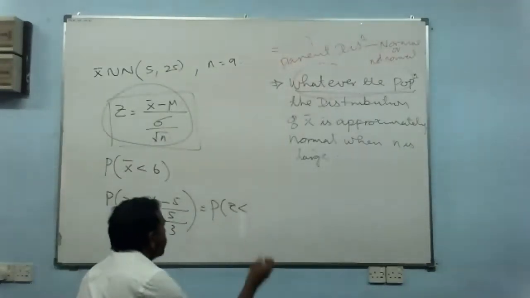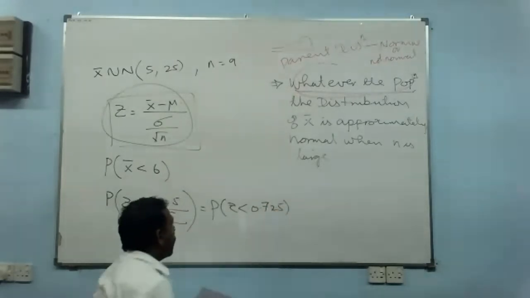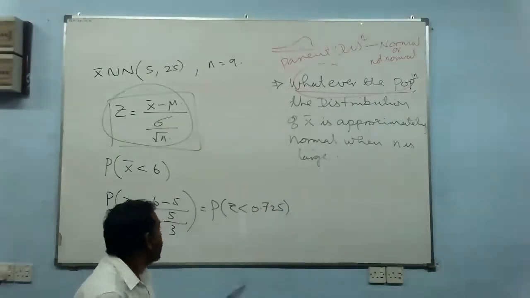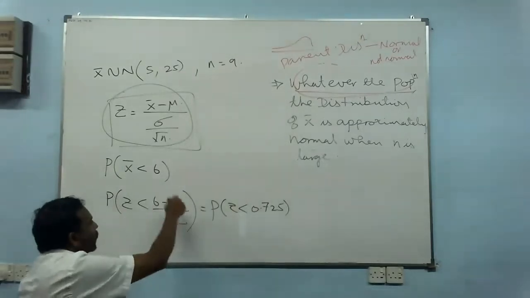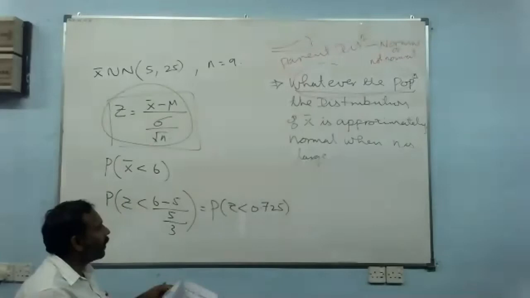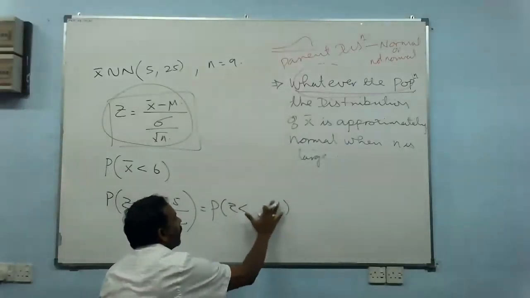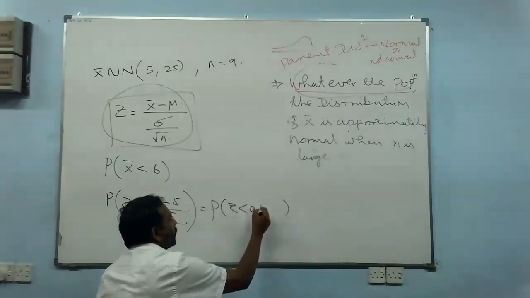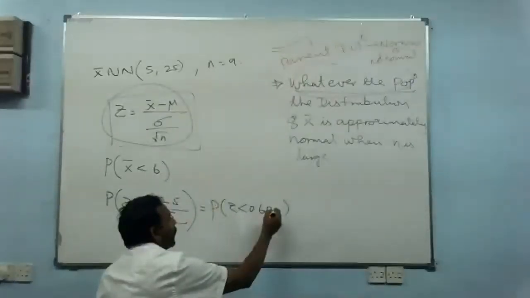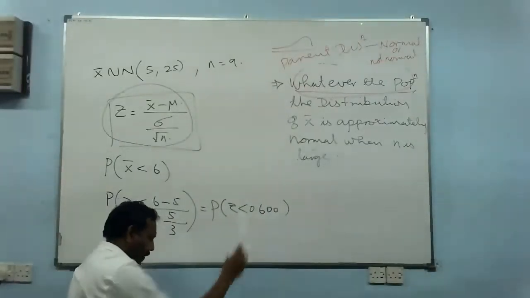0.7257. Right. You all agree with that value? Just solve for this. First, I need this Z value, 0.6.